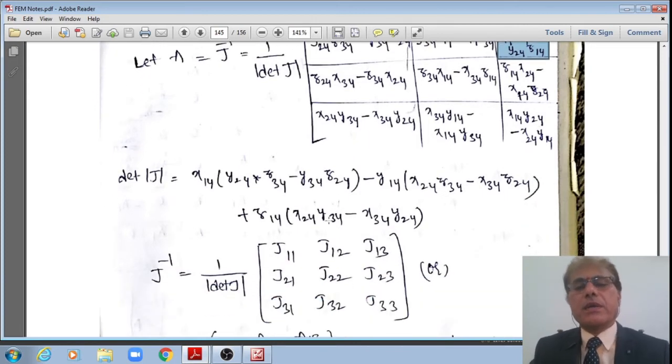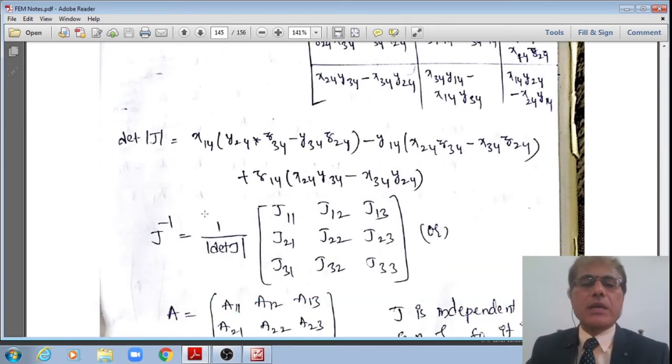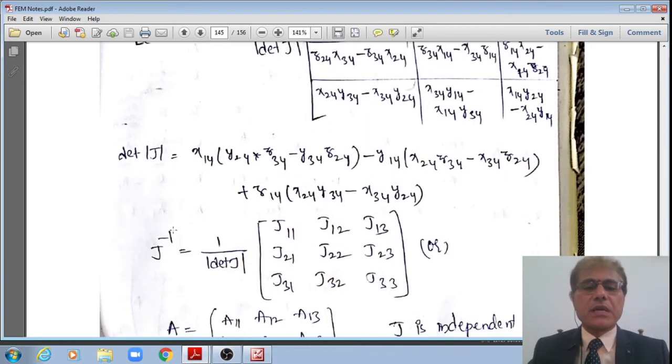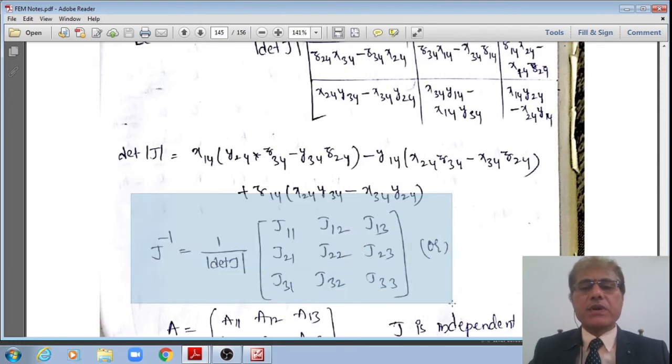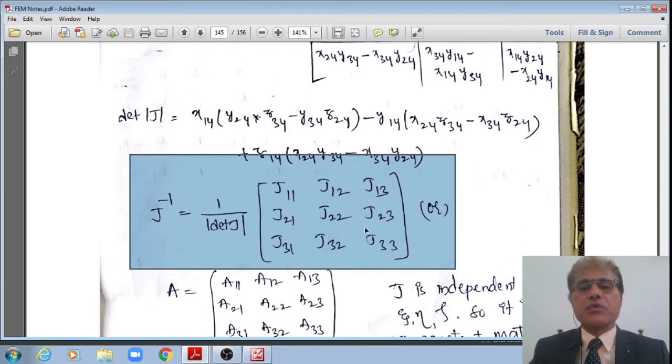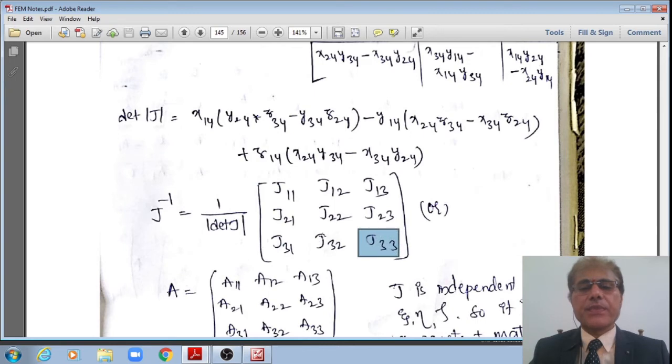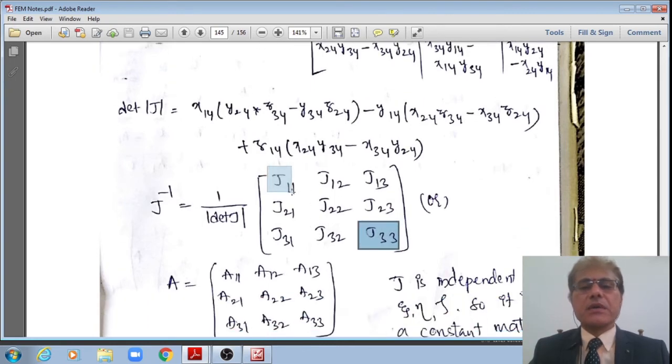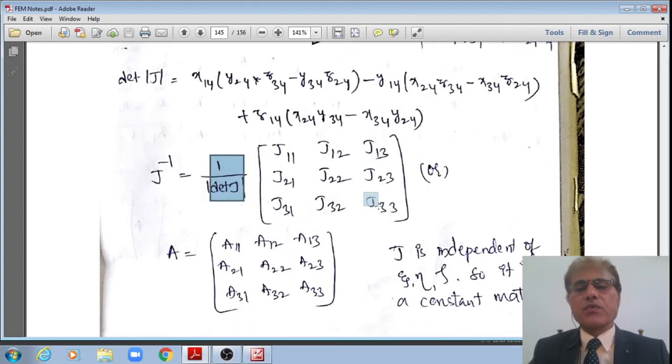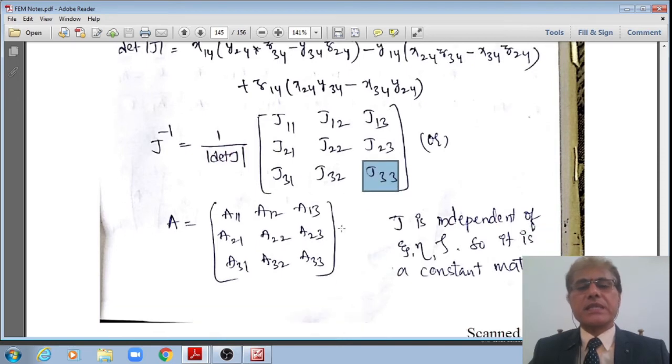Now I'll write the Jacobian inverse as 1 by det J times J11, J12, J13 up to J33. I'll replace J11 divided by det J as a11, J12 divided by det J as a12, J13 divided by det J as a13, and so on up to the last one, J33 divided by det J equal to a33.